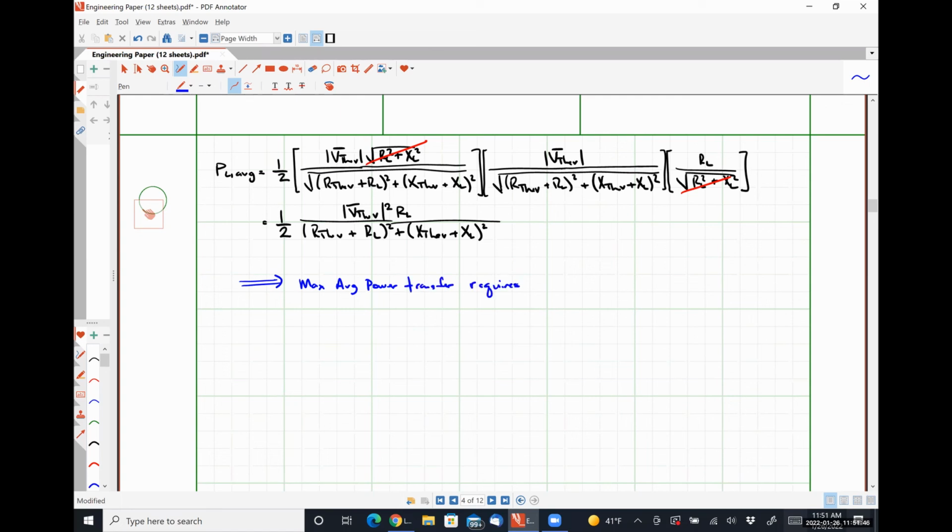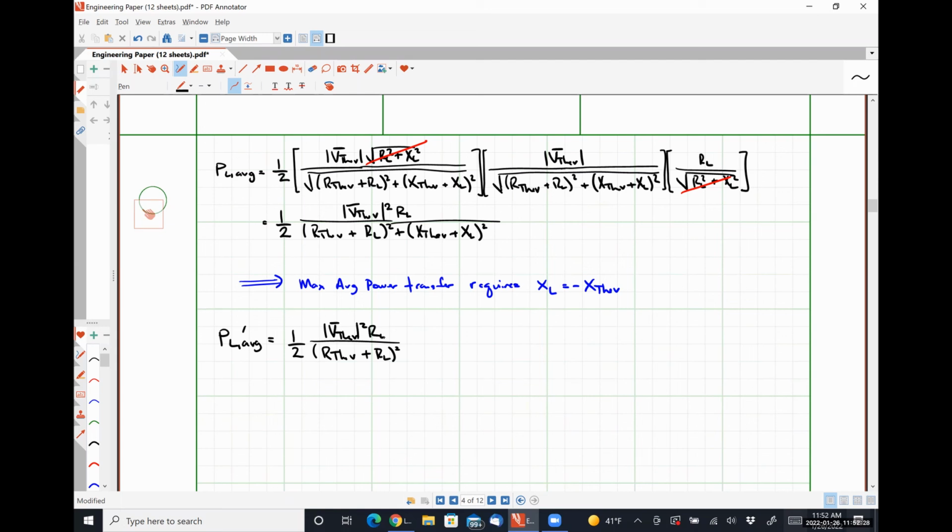The maximum average power transfer requires XL equal to negative X Thevenin. That's only a part of it, right? So under that constraint, PL average, I'm going to call this prime, becomes 1/2 times V Thevenin squared RL in the numerator, and (R Thevenin plus RL) quantity squared in the denominator.